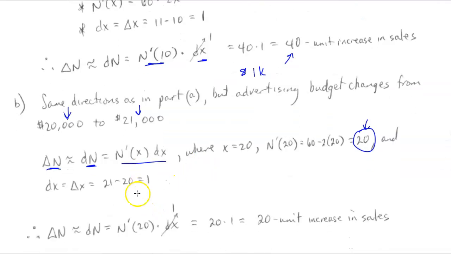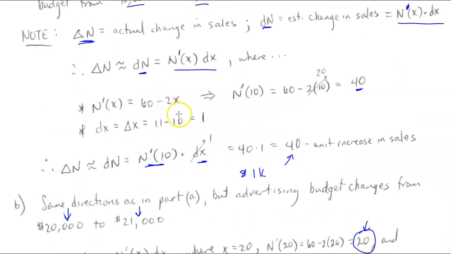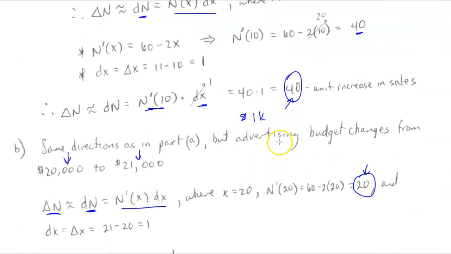We plug that all into our differential here, and we see that it's just going to be a 20 unit increase. Okay. So what you're noticing here is that if we spend $10,000 initially and then go to $11,000, we're moving more units here than if we were to spend $20,000 and then decide to spend an extra $1,000.